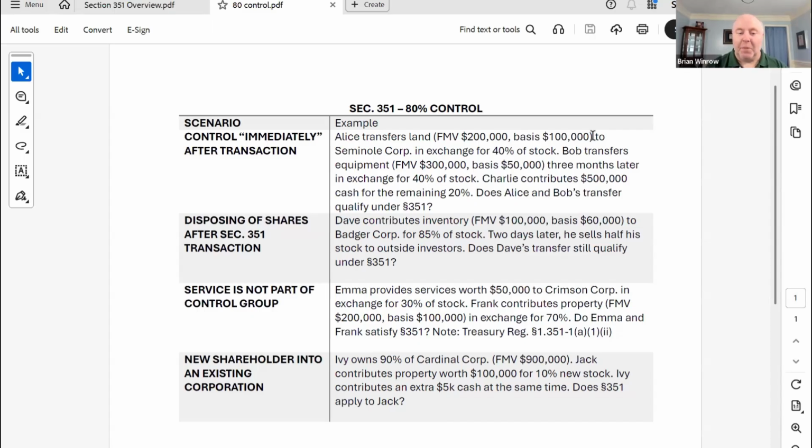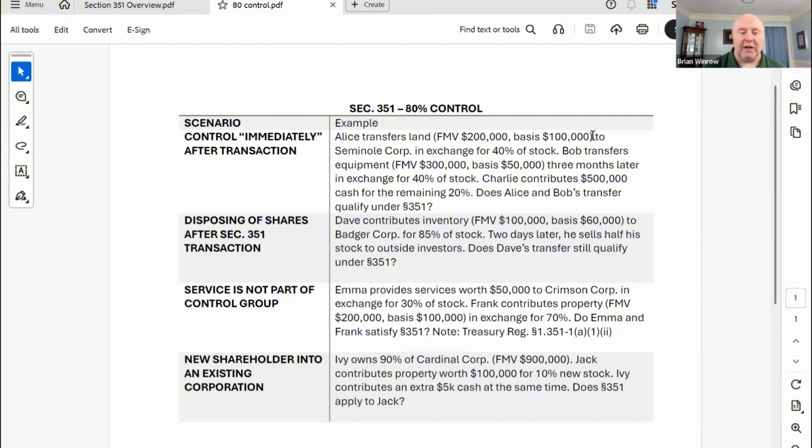So if this is part of a pre-existing plan, if they can show, hey, here were our minutes and this is what we intended to do, they're going to be okay. That would fall under the immediate control. If they don't have any records detailing this, then they're going to have to recognize that realized gain. So as long as they have the records, they're going to be okay. This is an immediate transaction. 351 applies, no recognition of gain.